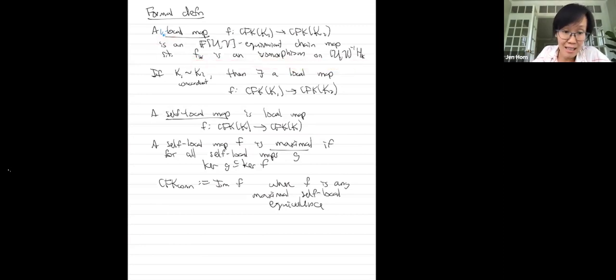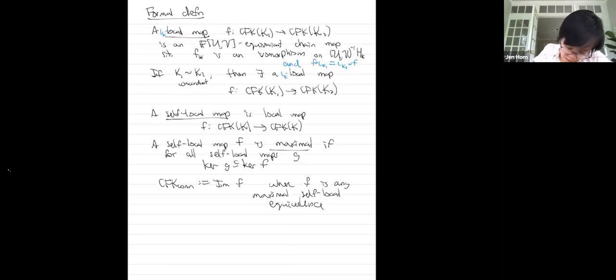So f iota k1 should be homotopic to iota k2 f. I've added iota k here and I've added this here. And then, if two knots are concordant, then there is an iota k local map.